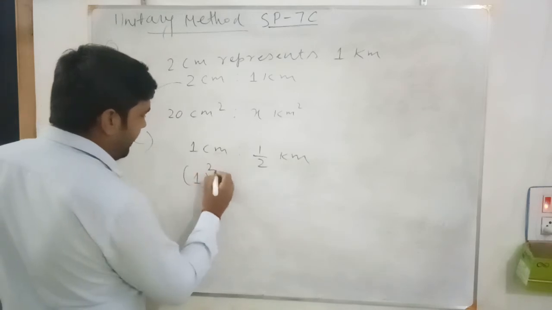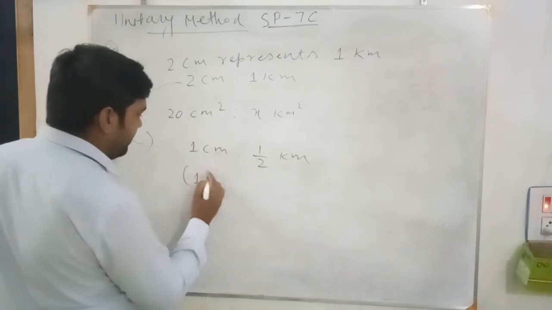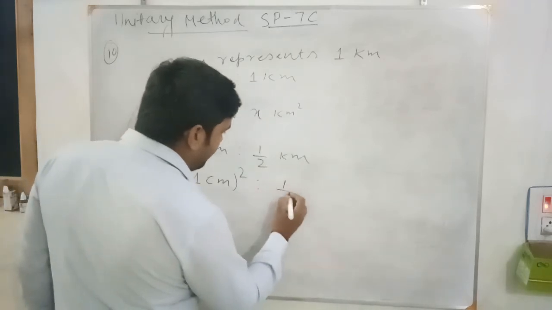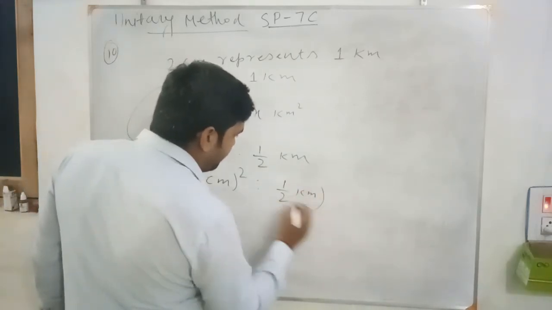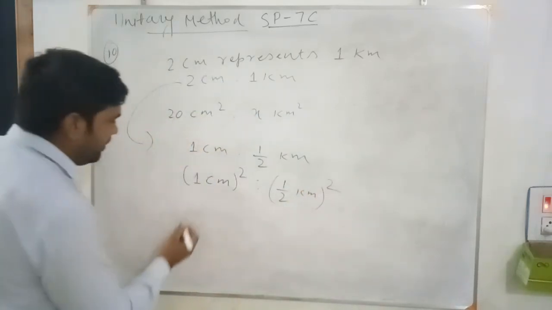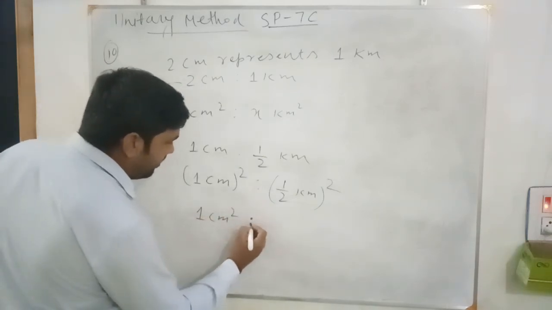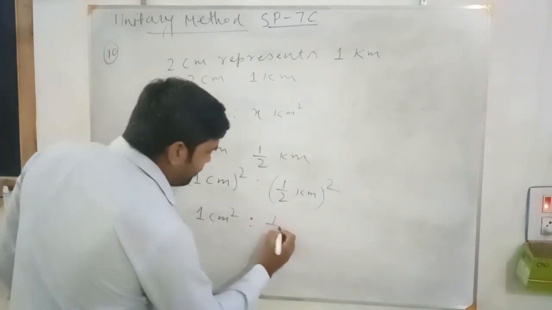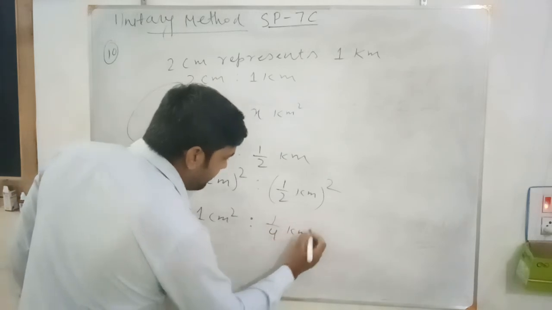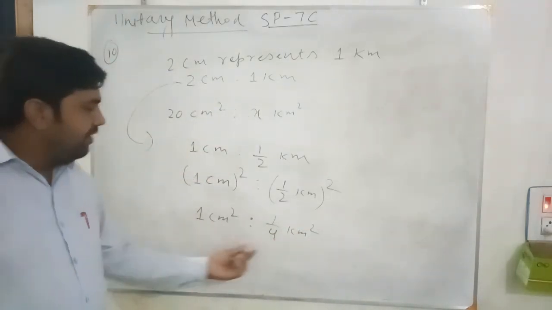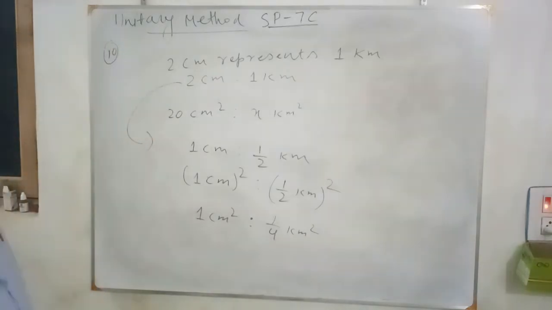So 1 centimeter square, the ratio is 1 by 2 kilometer square. Now 1 centimeter square gives you 1 by 4 kilometer square. So the 1 centimeter square area on the map represents 1 by 4 kilometer square on the plot.